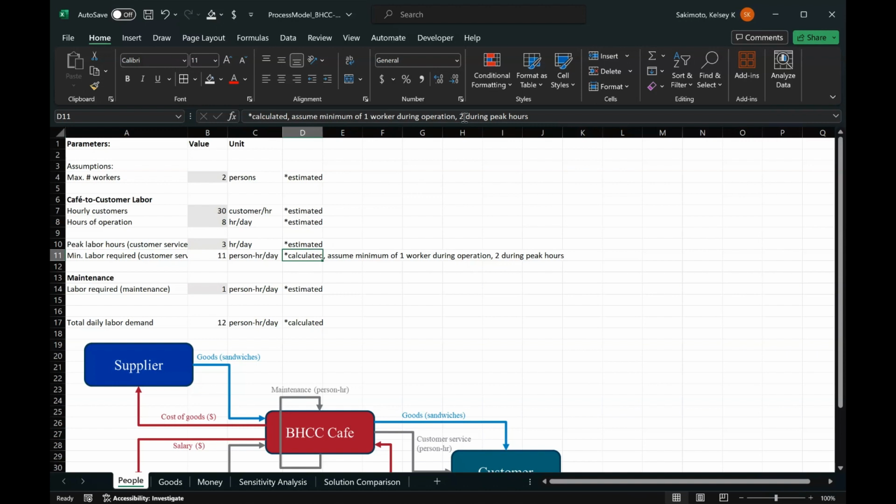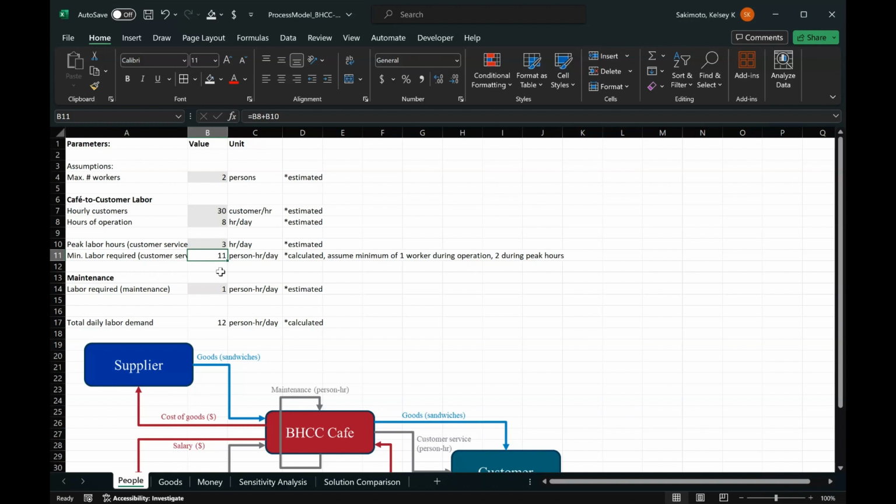But during these peak hours, I need two workers. And so I can add the number of hours operating per day, in this case B8, plus the number of peak hours to get an estimate of the number of person hours that I need worked per day, in this case worked by 1 to 2 different people.